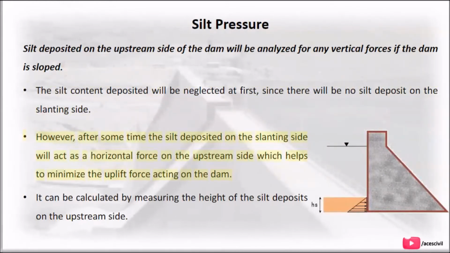However, after some time the silt deposited on the slanting side will act as a horizontal force on the upstream side, which helps to minimize the uplift force acting on the dam. It can be calculated by measuring the height of the silt deposits on the upstream side.